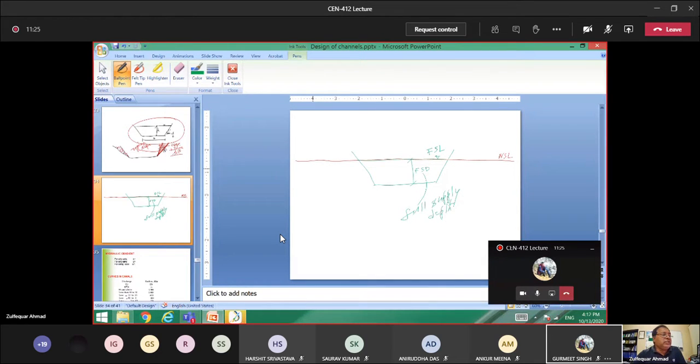The full supply level in this case, if this FSL is less than or equal to NSL, then the canal is in complete cutting.